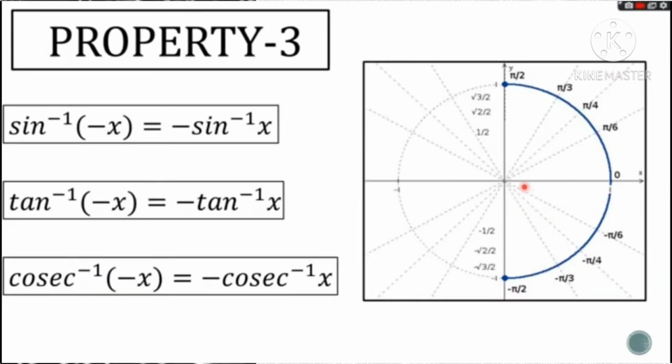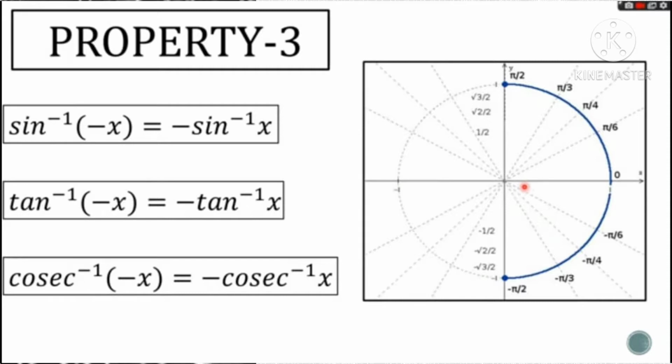Then the third property was regarding sine inverse of minus x is equal to minus sine inverse x, and cos inverse of minus x is pi minus cos inverse x. So here we have seen that three inverse functions behave similarly and the other three behave similarly, right?